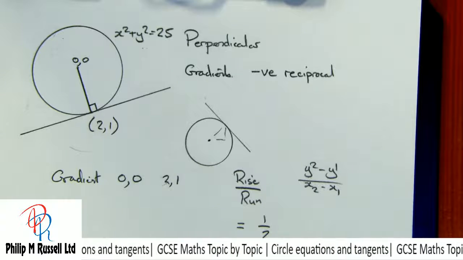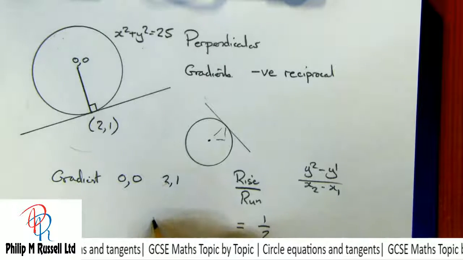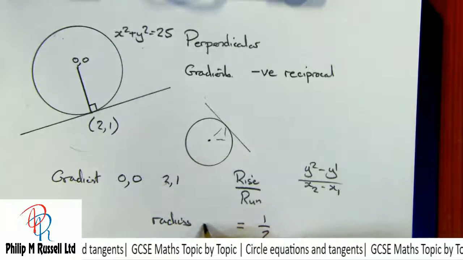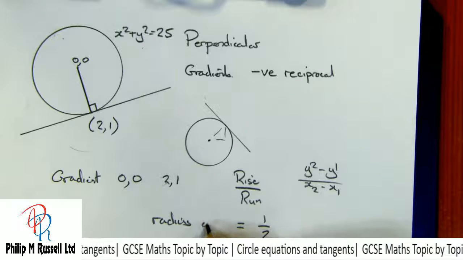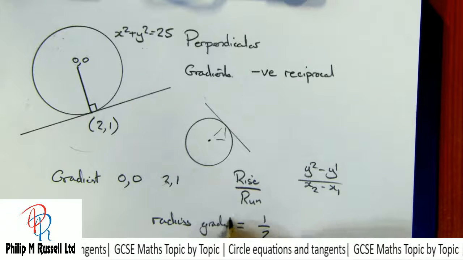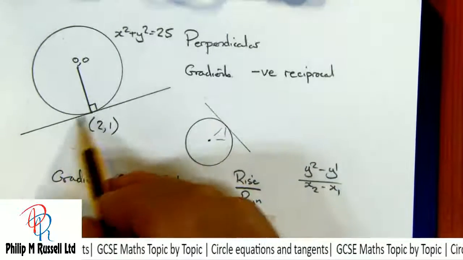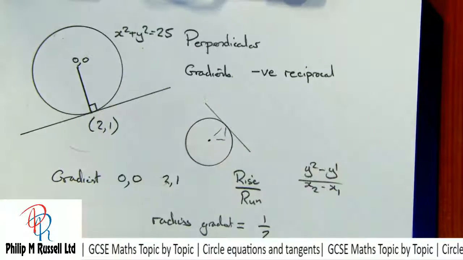So for my radius, I know that the gradient here is going to be a half. How about this one?